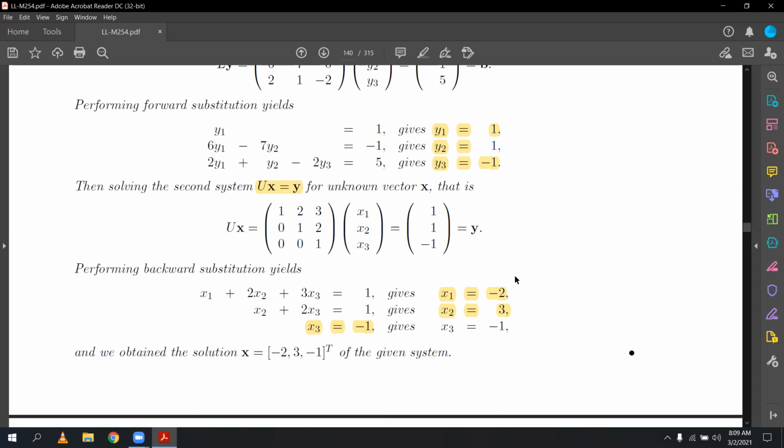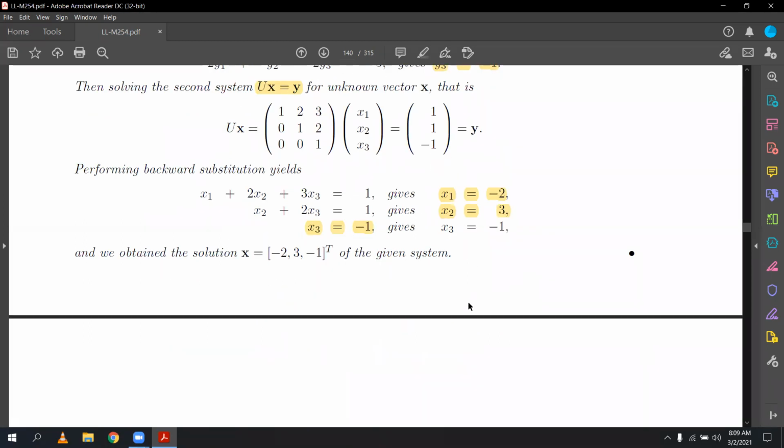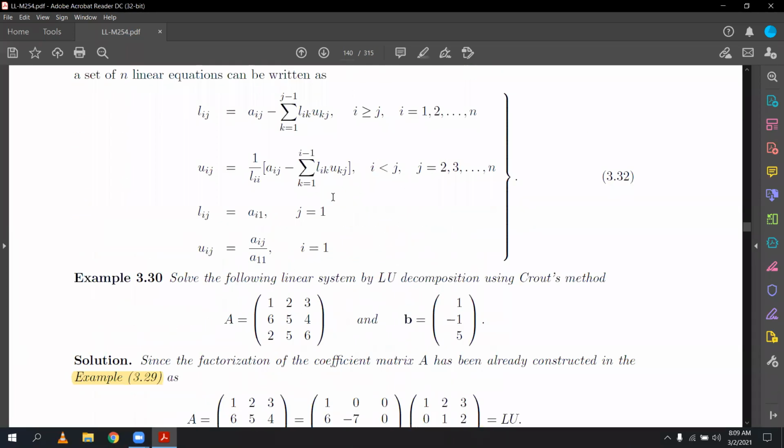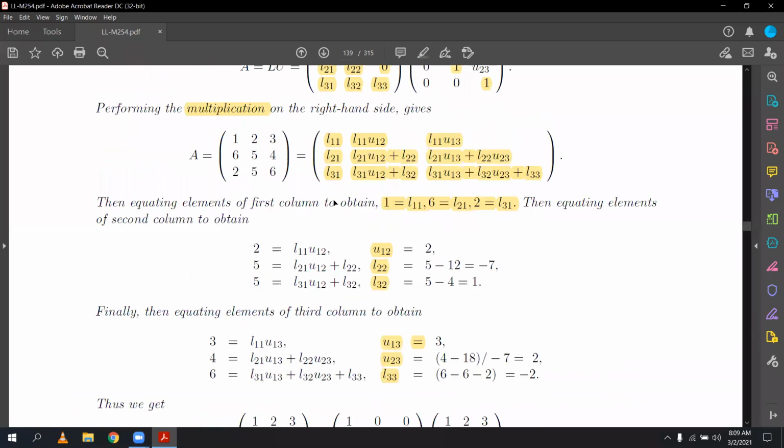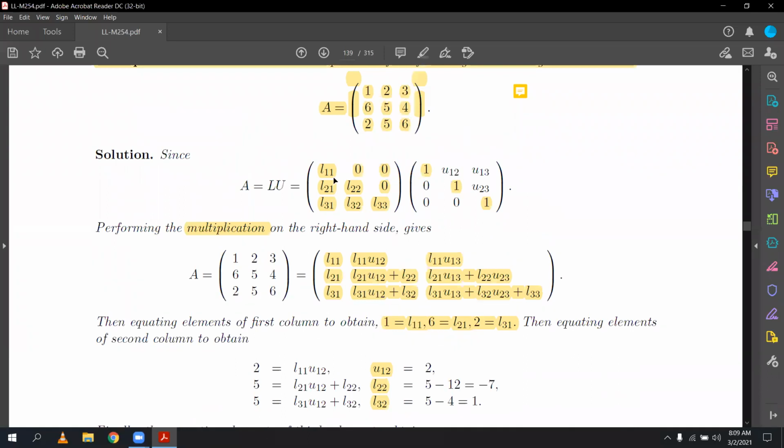Now, I developed a shortcut myself, because direct multiplication is a long process. First, you have to multiply these two matrices, and you must be very good at multiplication. If you make a small mistake in the first step, everything becomes wrong.